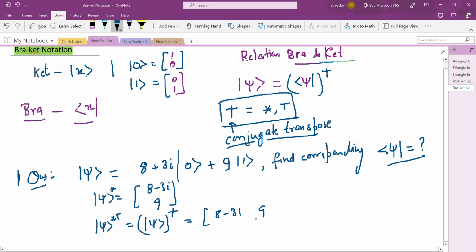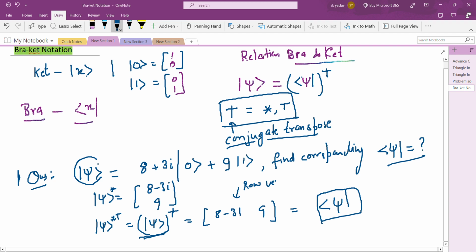So this is the row vector; it is converted into a row vector. Finally, the symbol that we have computed over here is converted into this one. So this will become the bra vector corresponding to this one.